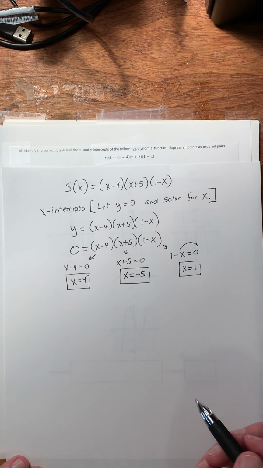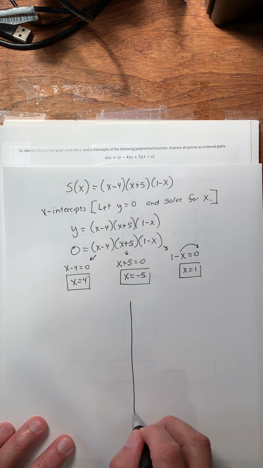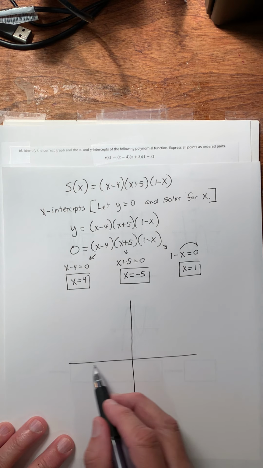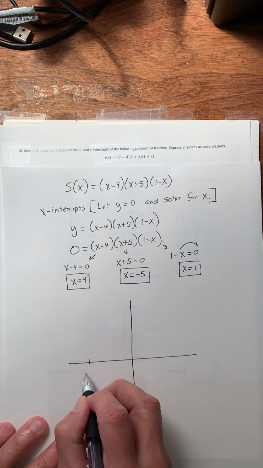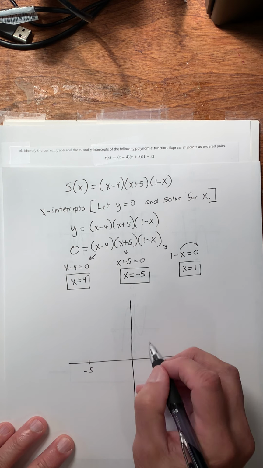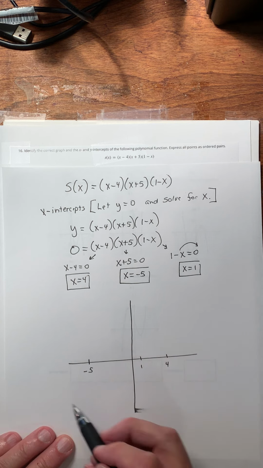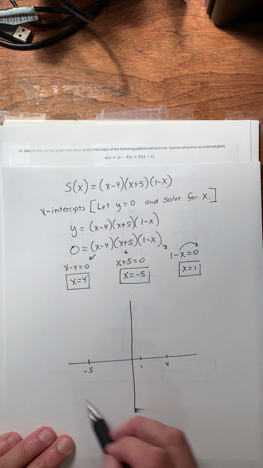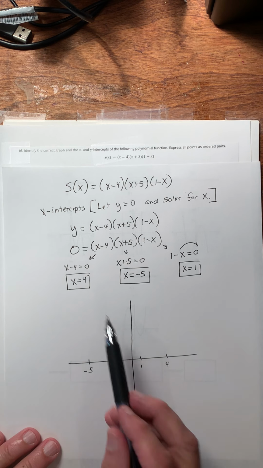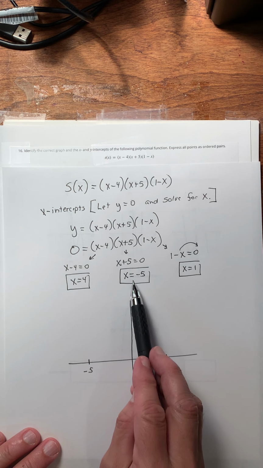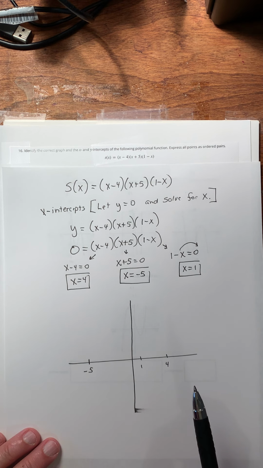These are my x-intercepts. So whatever this graph does, it's going to cut the x-axis at the points negative 5, 1, and 4. It's going to go up and down because it's got to come back to those points.